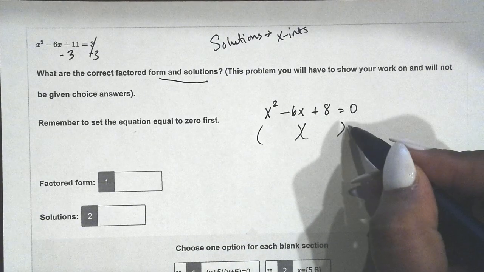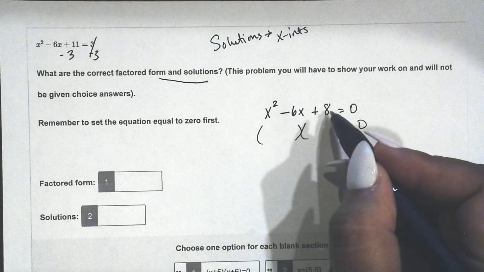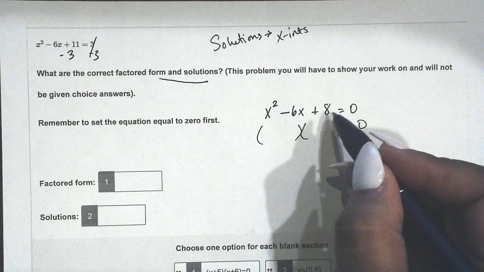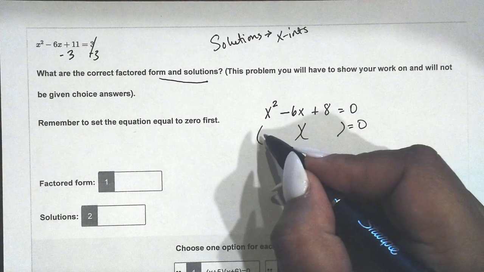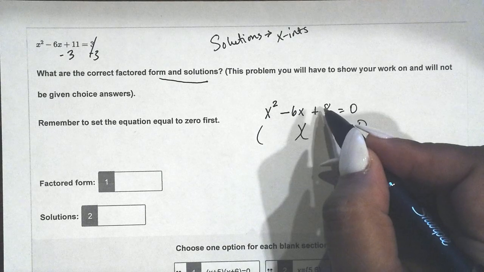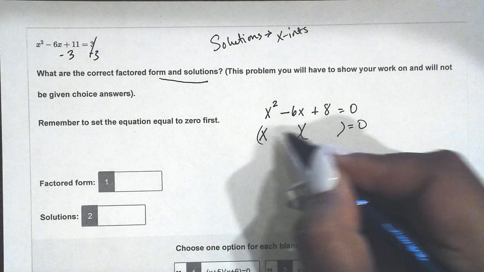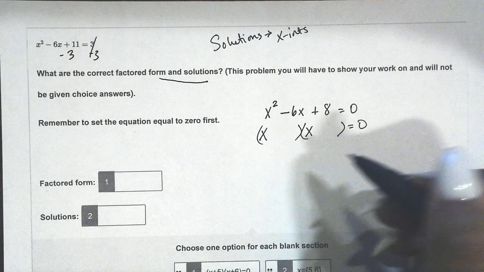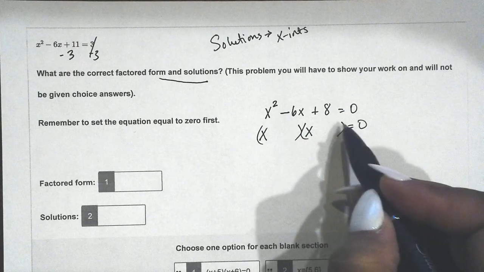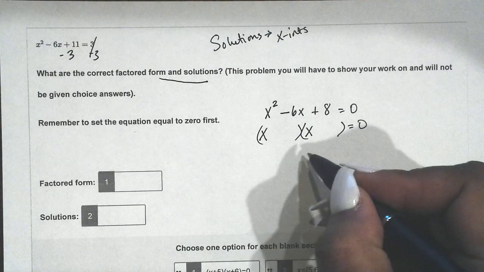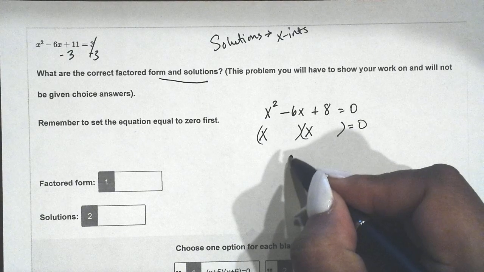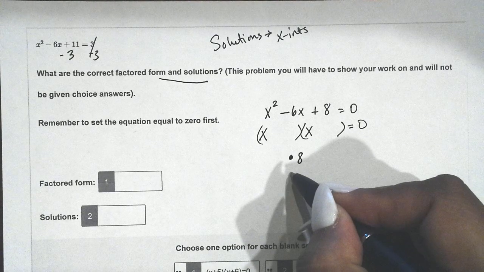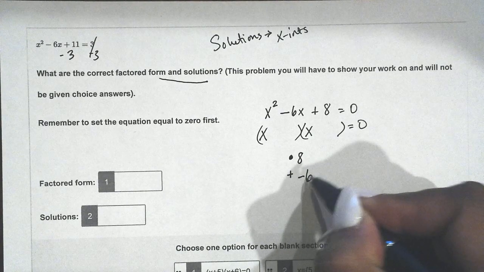Give me the two factors that form this trinomial, meaning when you multiply them, you get this trinomial. So we have x times x to get x squared. Now, to find these two numbers, you have to think about what would multiply to 8 but add to a negative 6.